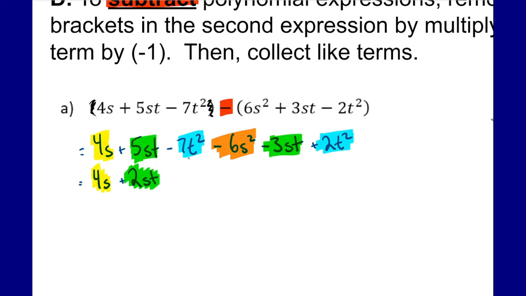Negative 7t squared plus 2t squared is negative 5t squared, and negative 6s squared is going to be on its own, because there are no like terms to add to it.